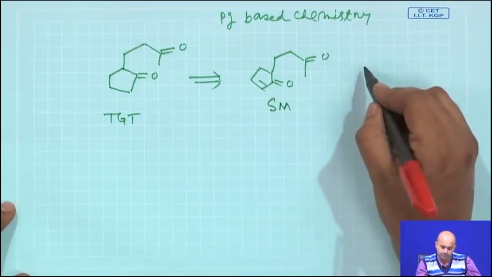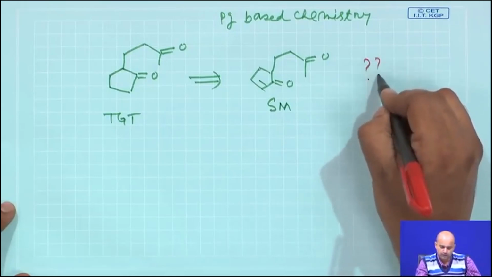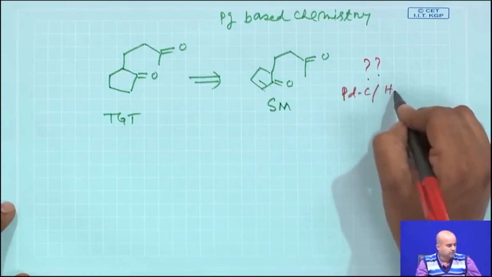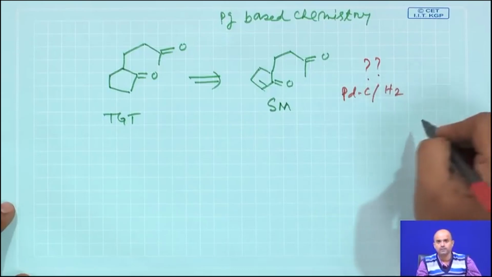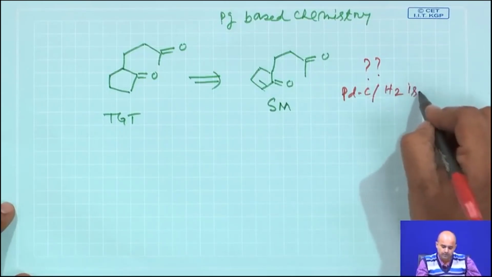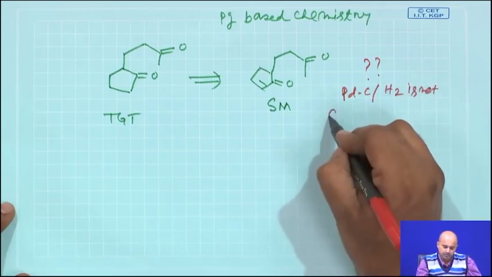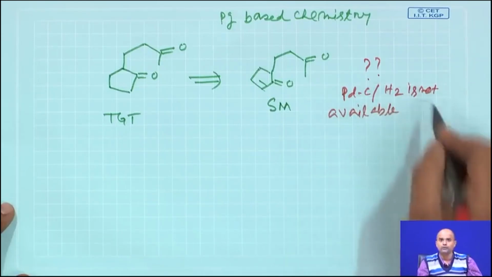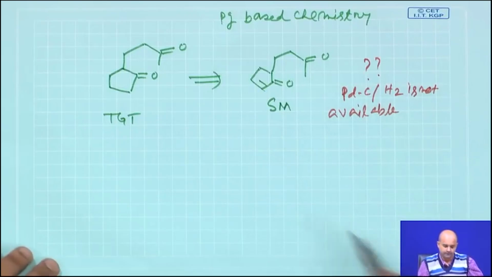Now, I put a note that palladium charcoal and hydrogen probably are not available to you. Then will you stop this reaction in your lab, or will you try to find some other alternative?